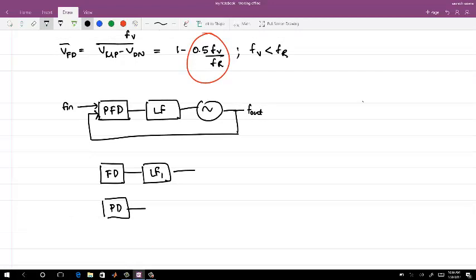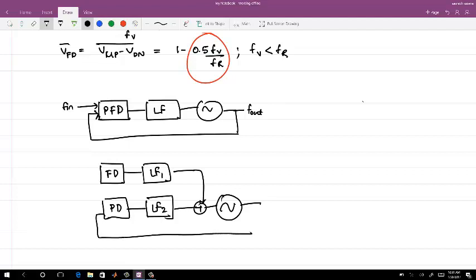Now here it can only be a phase detector. You do not need to use it as a frequency detector. Another loop filter, and you have a VCO, and the output of the VCO goes here, and it also goes to the other one.